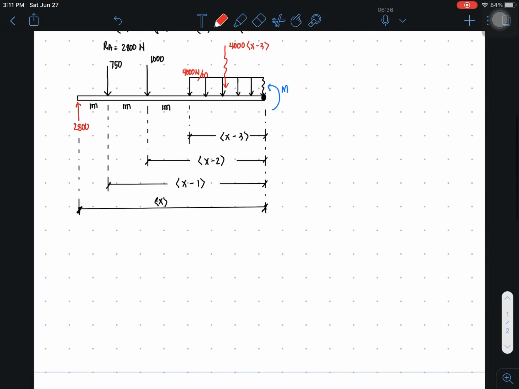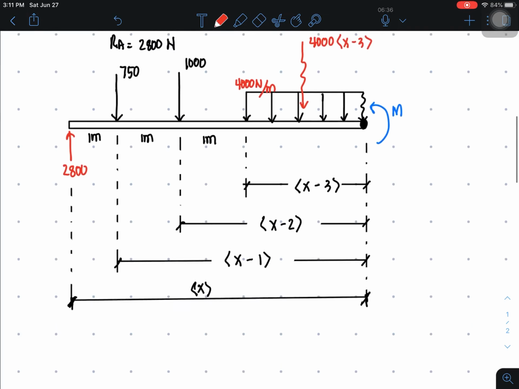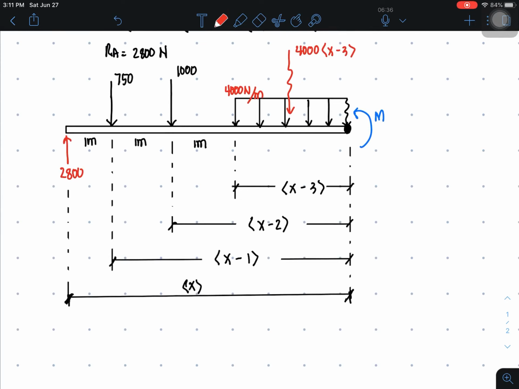Okay, let us formulate the moment equation now. So the moment equation would be M is equal to 2,800 clockwise, and the moment arm is x, minus 750, moment arm is x minus 1, minus 1,000 times x minus 2, then minus 4,000 nga resultant times 1/2 of x minus 3.